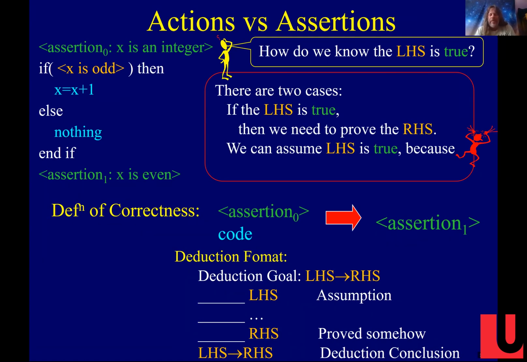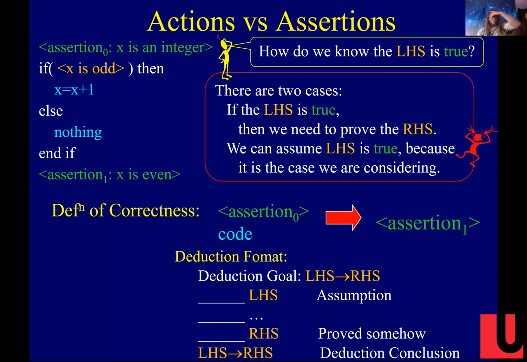Well, the way we can assume it's true is because that's the case we were considering. If we were considering the case in which the left-hand side was false, then remember that was the I-don't-care case. We're in the left-hand-side-is-true case, and that's what we mean by assuming that it's true, right? Everybody follow that?